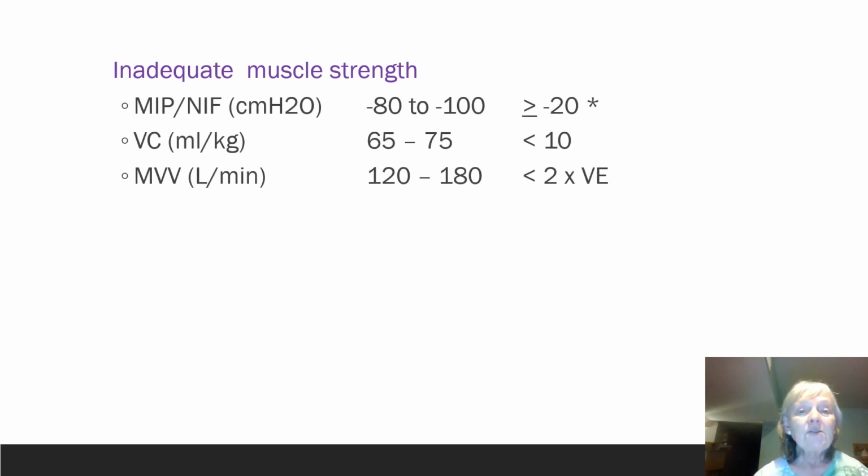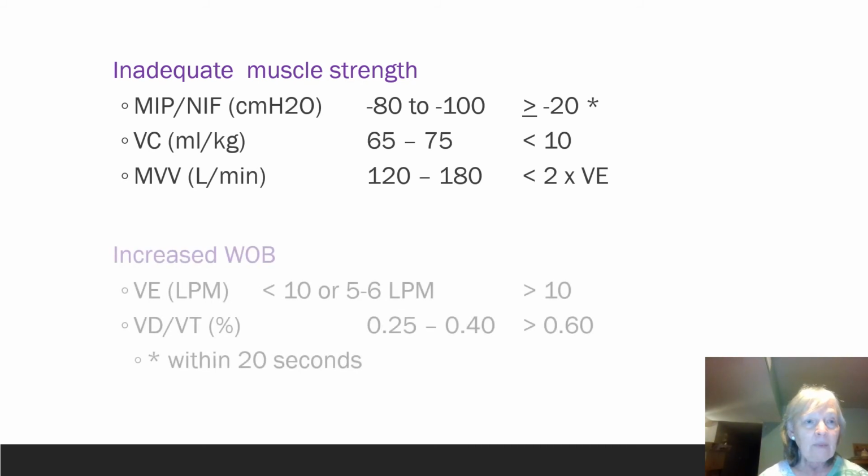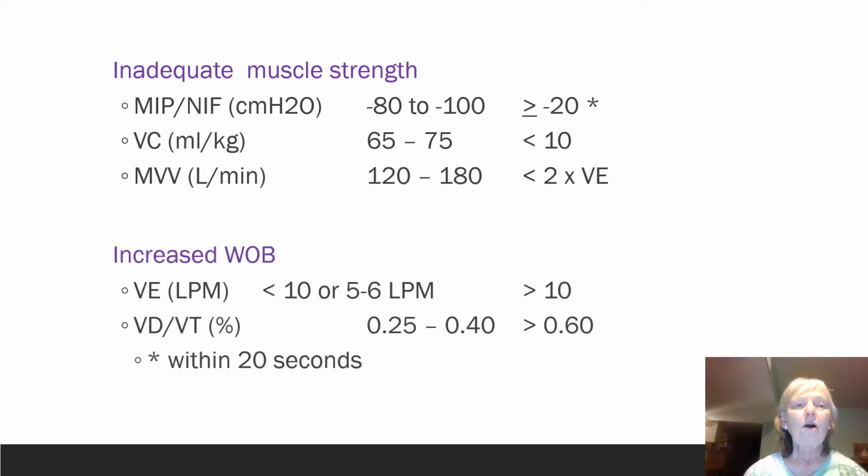So then we're also going to look at inadequate muscle strength. And what we're going to talk about is your MIP-NIF. And remember, this is measured in centimeters of water pressure. When you're doing these, you remember when you were doing them in cardiopulmonary diagnostics, you didn't do them just once except for the MVV.